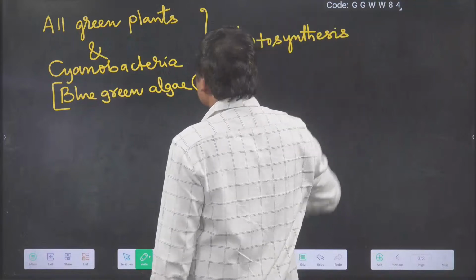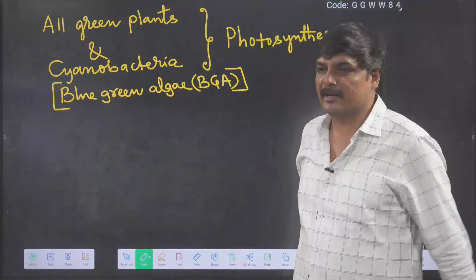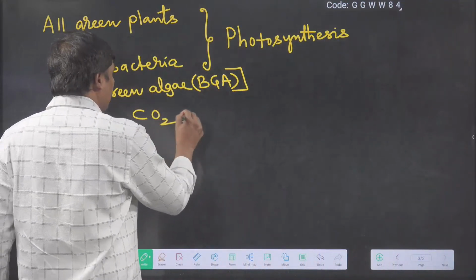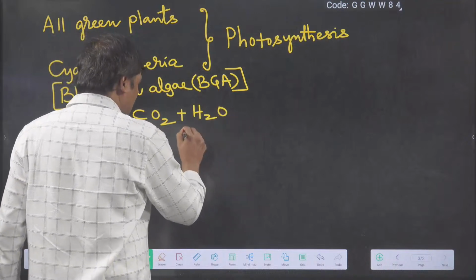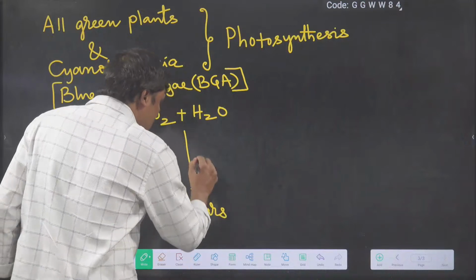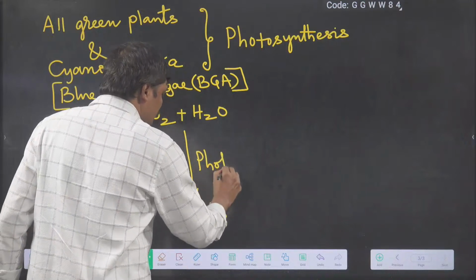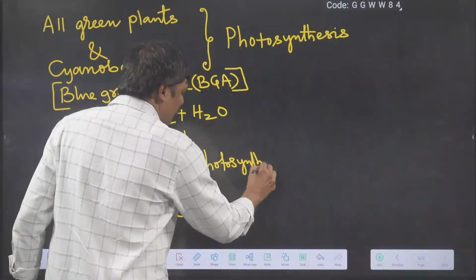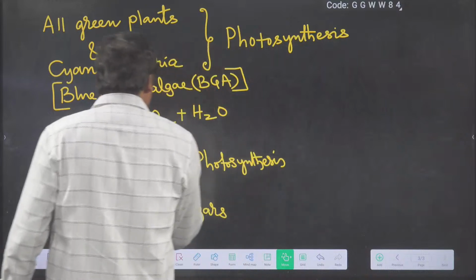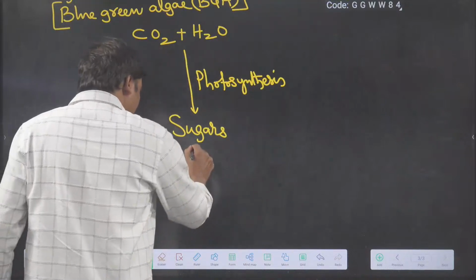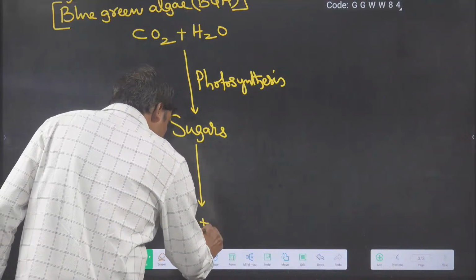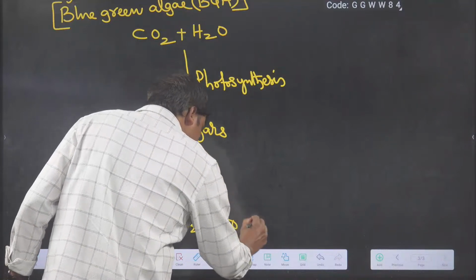They synthesize food material from simple molecules. For example, carbon dioxide combines with water and forms sugars. This process is called photosynthesis. These sugars break down to liberate carbon dioxide plus water plus energy.